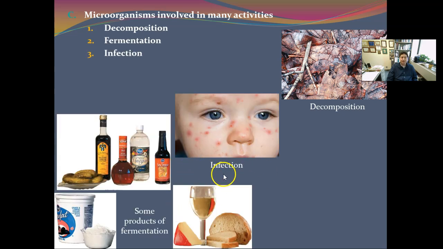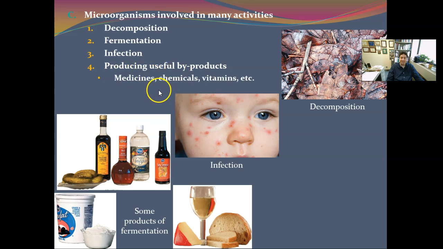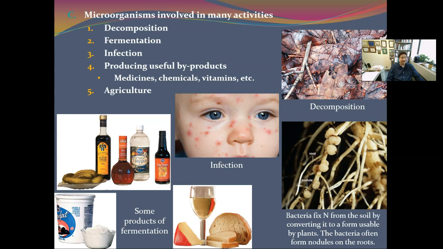Infection is another thing, of course, that microorganisms can be involved in. If you are pathogenic, you cause disease, and that's an infection. Microorganisms often produce useful byproducts, including medicines, chemicals, antibiotics, vitamins, things like that. They can be heavily involved in agriculture, like we see pictured here.